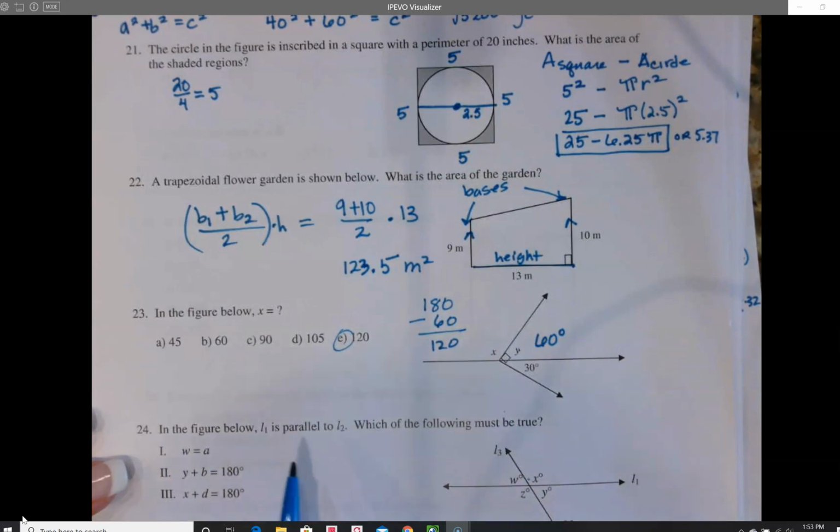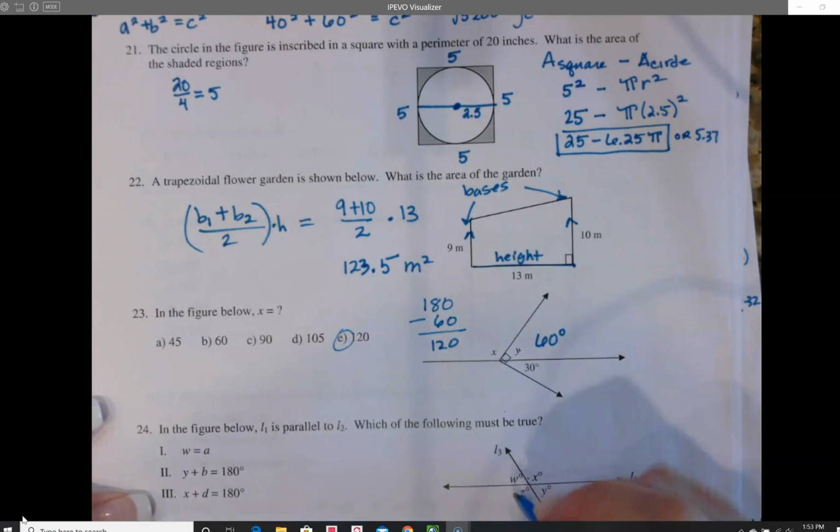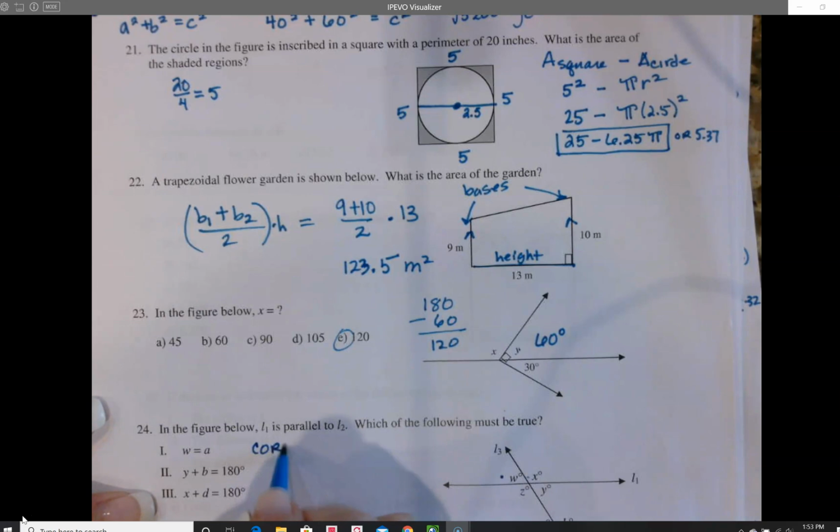And last but not least, number 24, we've got some parallel lines cut by a transversal. And so they're asking us what are congruent and what are supplementary. So let's take a look. W and A, those are corresponding.